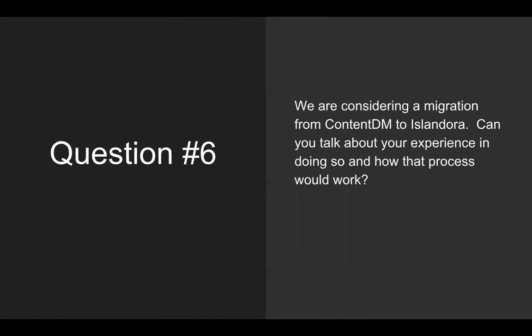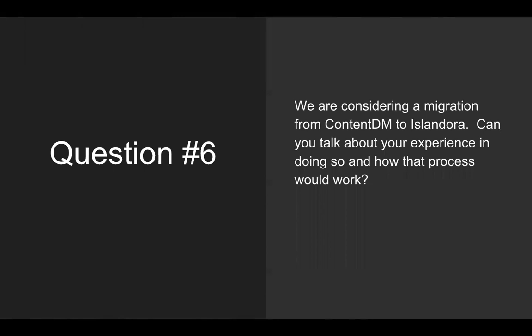So that is another absolutely possible route that you could take, is to export the XML and run it through an XSLT transform of some kind that gets into a format that's more convenient to put into Islandora.